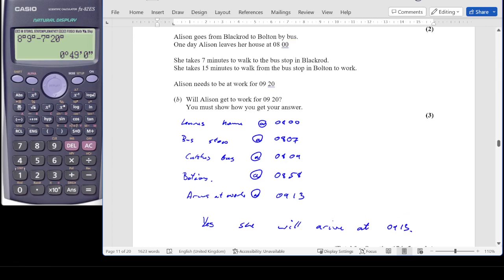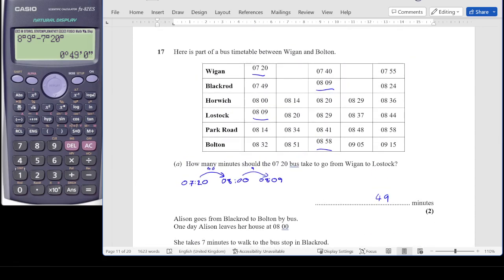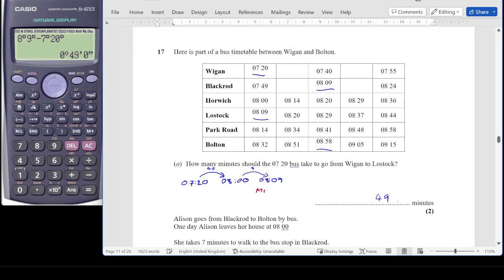Okay, and that is the only question on the page. So if we go to the mark scheme for question 17 now, we've got a method mark followed by an answer mark for part A. For part B, P1 for the process to find the time of arrival in Bolton.